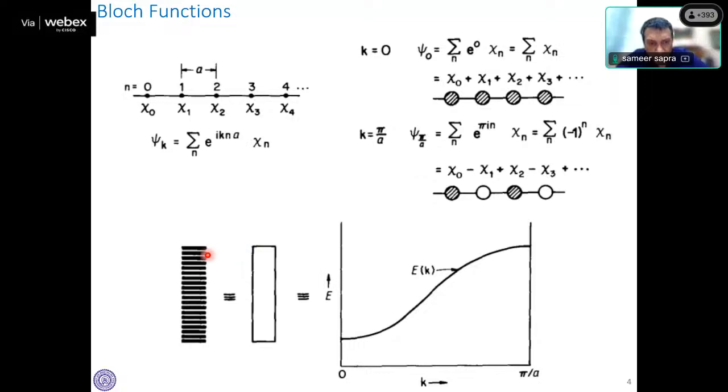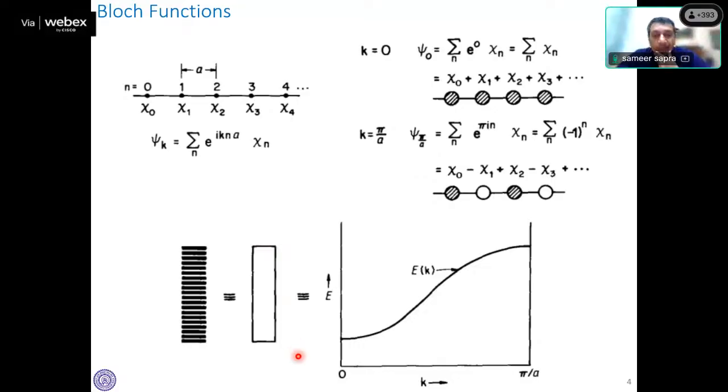Anyway, continuous bands doesn't matter for our discussion. Highest energy is k equal to pi by a, lowest energy is k equal to 0, and in between all the energies are there. So that's how you also depict a band.